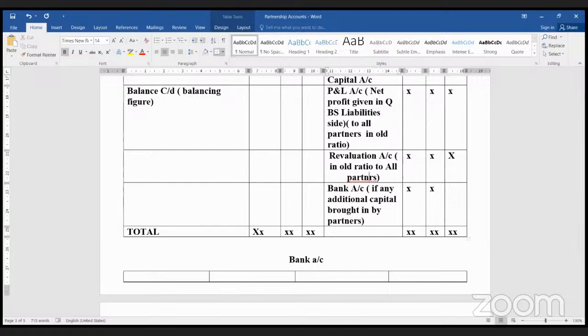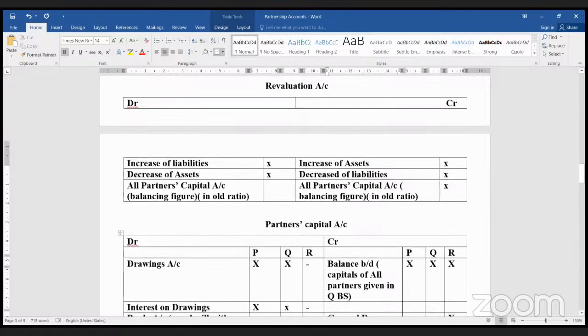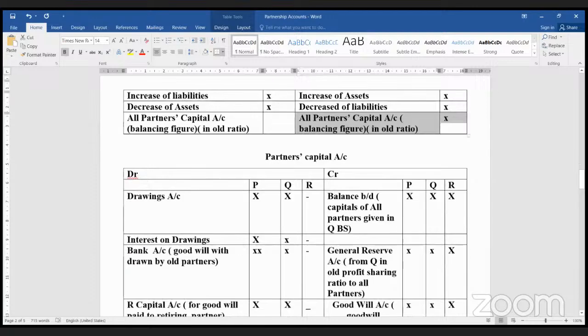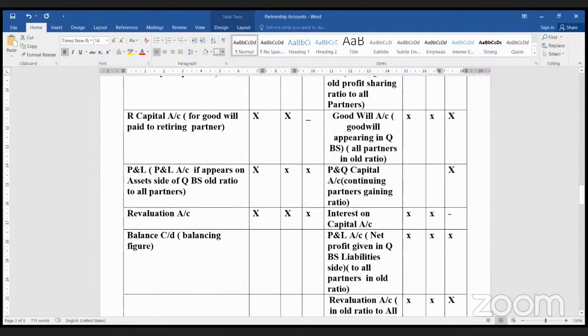Next, if the closing balance is coming on the credit side of the revaluation account, then we take it on the debit side to all the partners.